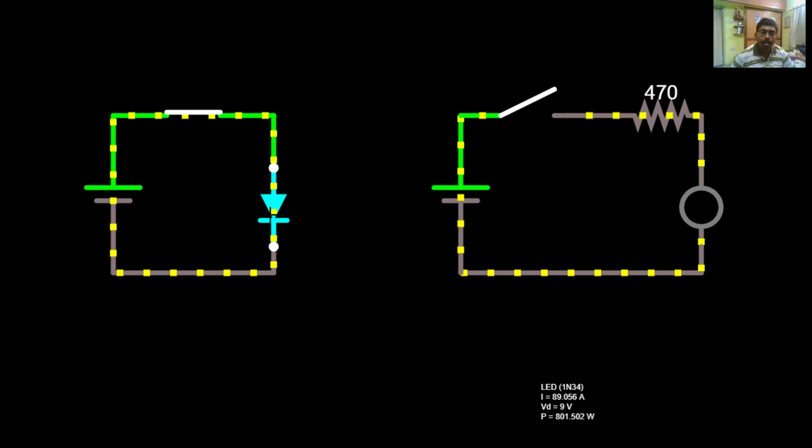It says 89.095 amps. So much current, 89 amps, is a very high current. So the LED will not glow, it will break down and it will never glow again. It will go into an off state and get fused.